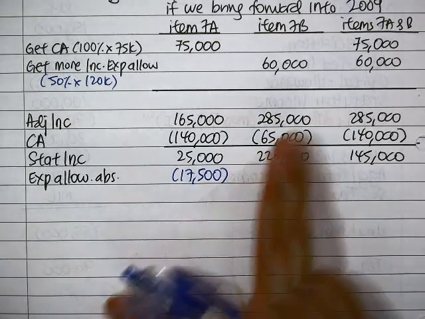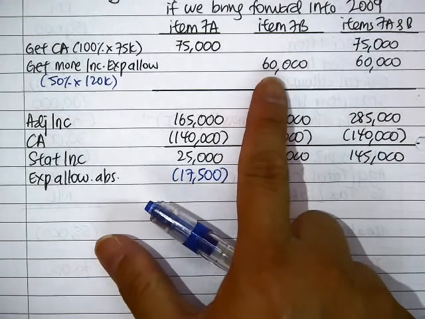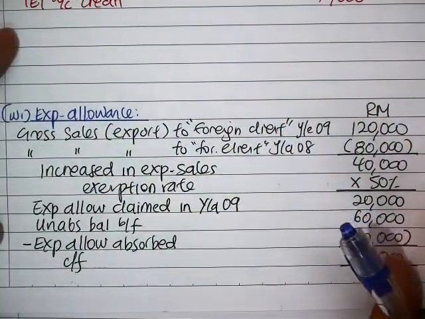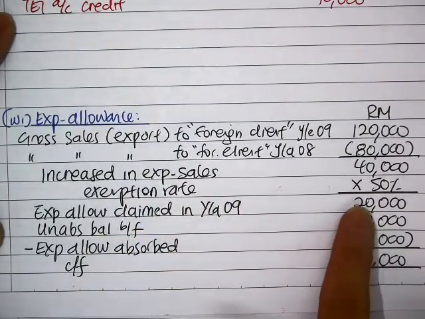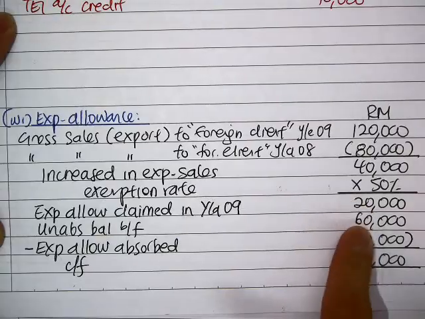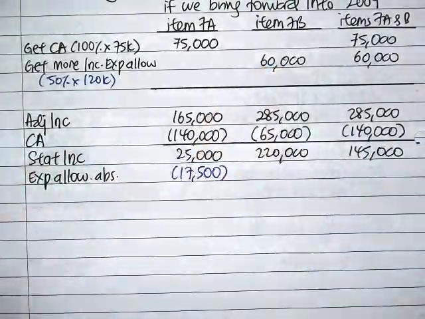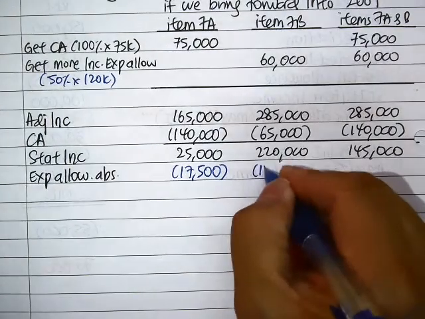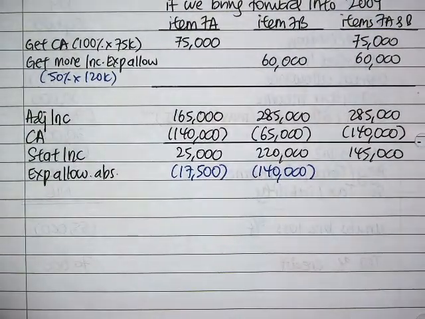See, for item 7B, you take an additional 60,000, correct? And just now you already have $80,000. So 80 plus another 60 is 140. Follow?